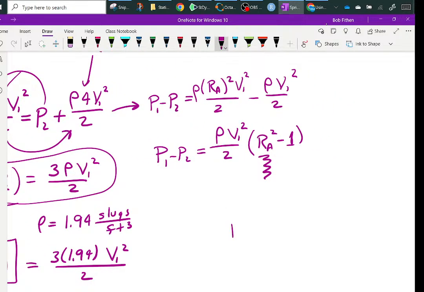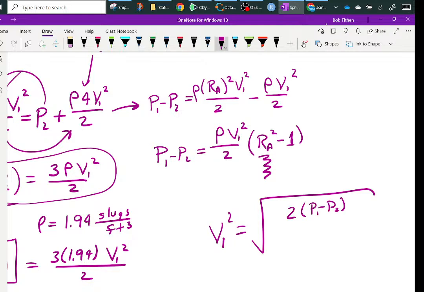Then the question is P1 minus P2. If I take this, here we go, V1 is equal to the square root of 2 times P1 minus P2 divided by rho times the ratio of the area squared minus 1.